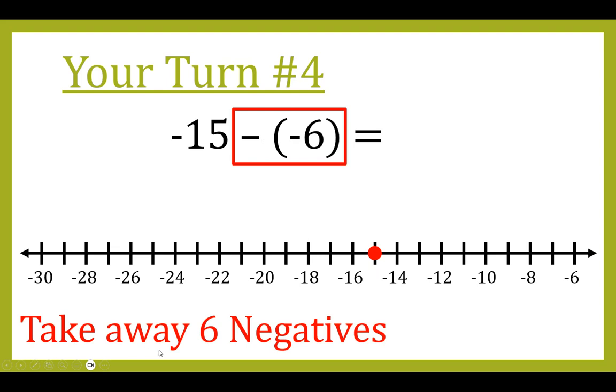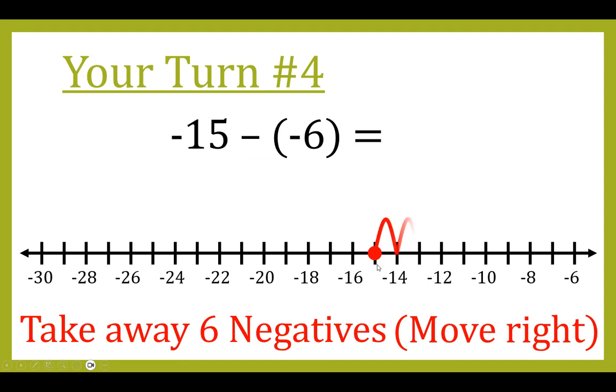I am taking away 6 negatives. If I am taking away negatives, I am moving to the right. So I'm going to go 1, 2, 3, 4, 5, and 6. My value is right in between -8 and -10, and I know that is -9. Therefore, my answer is -9, and that is it.